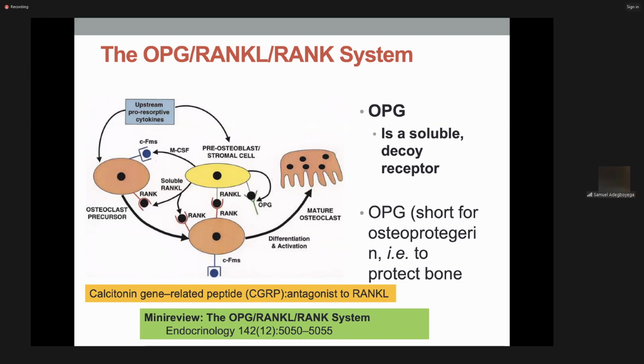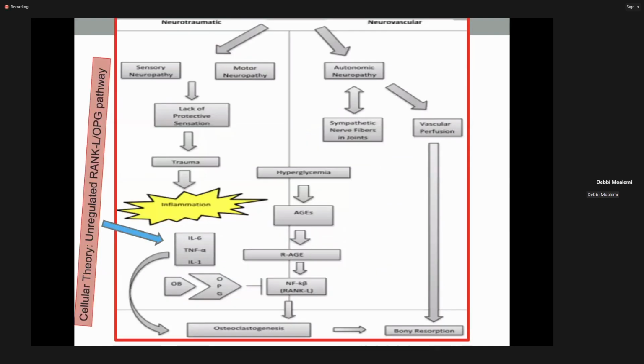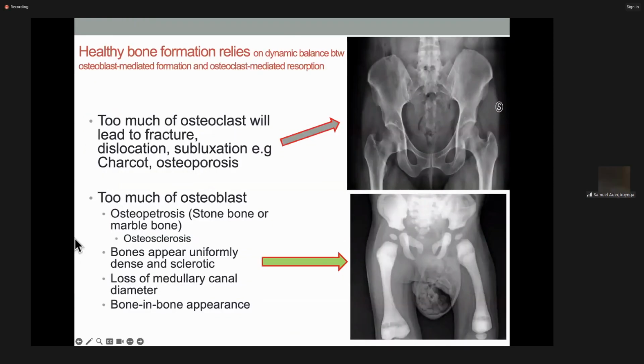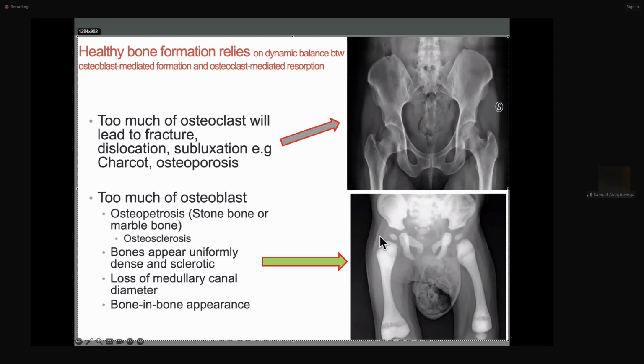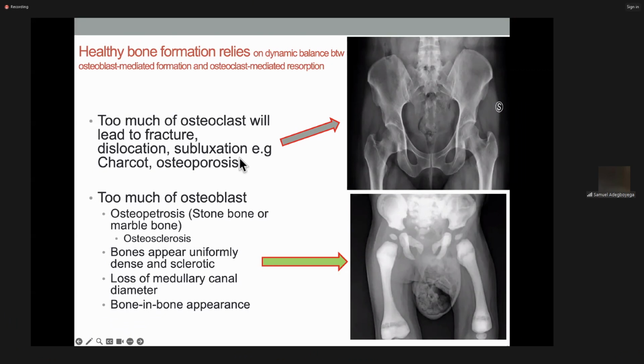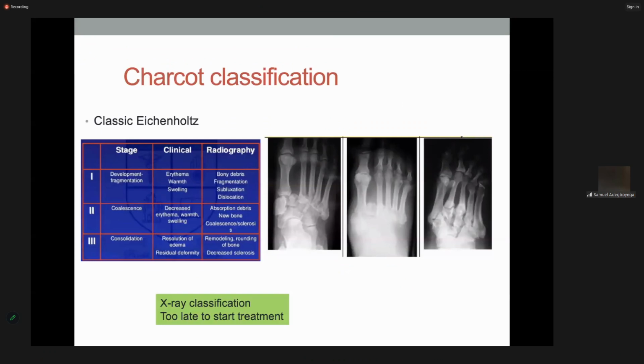They call it marble bone. You guys remember that? Osteopetrosis? Yes. Okay. So in osteopetrosis, do you have more expression of OPG or RANKL? OPG. Exactly. Okay. So right here, osteopetrosis, too much OPG, you get extremely dense bone. When you have Charcot, fractures, osteoporosis, you have more production of RANKL. Does that make sense?